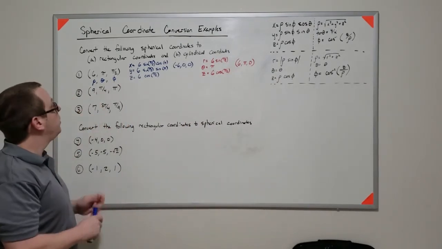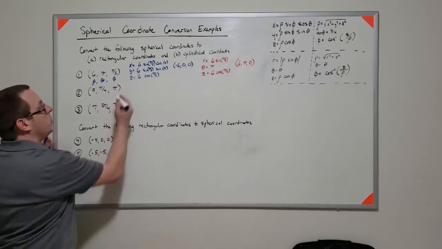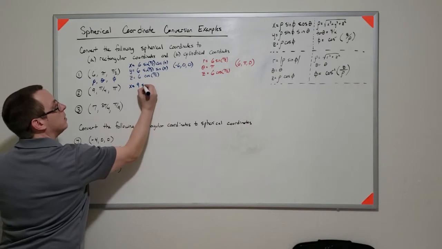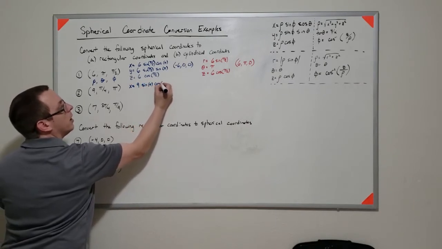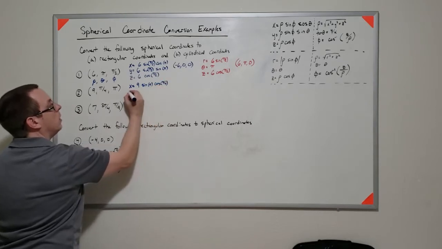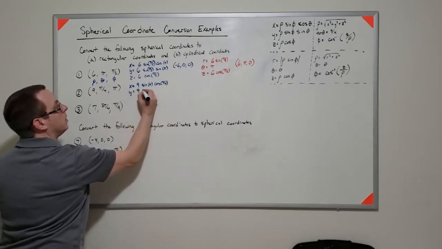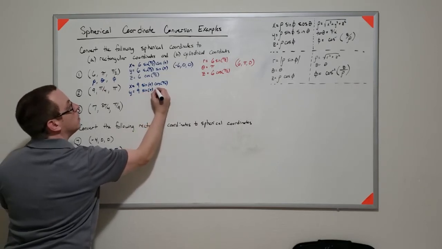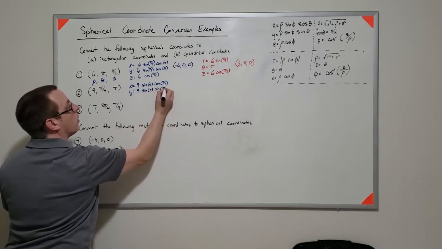Now to move to this one, we do the same thing. x is 9 sine of pi cosine of pi over 4. y is 9 sine pi sine of pi over 4.